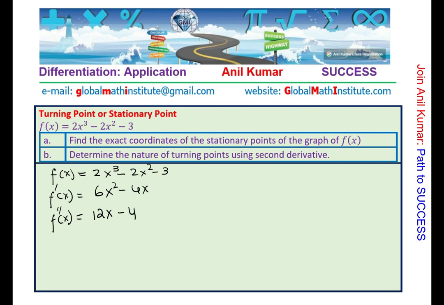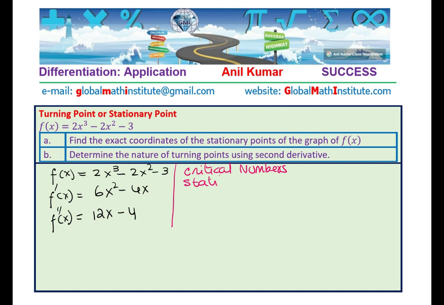Now, once you find the derivatives, we should find the critical numbers. These are also called stationary points, right? Which really means that we'll equate the derivative to 0.